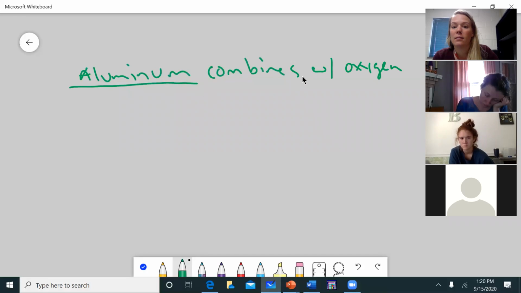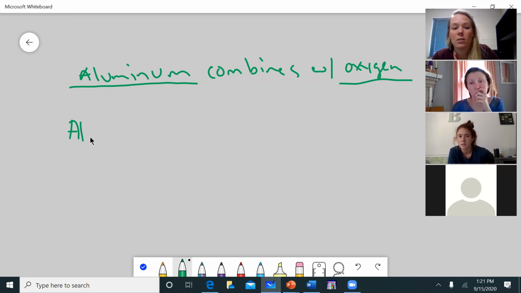Aluminum is a metal, oxygen is a nonmetal, so you should be able to write a product for this. Let's start first by just writing aluminum. Aluminum symbol is Al. What is the state of aluminum: solid, liquid, or gas? What's the state for most metals? It's solid. So I'm going to put a little S there.